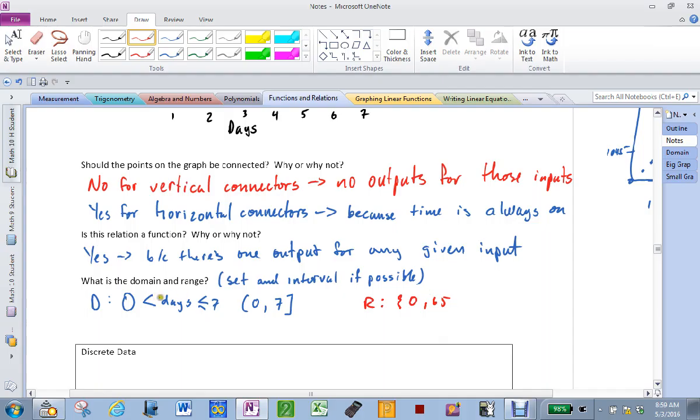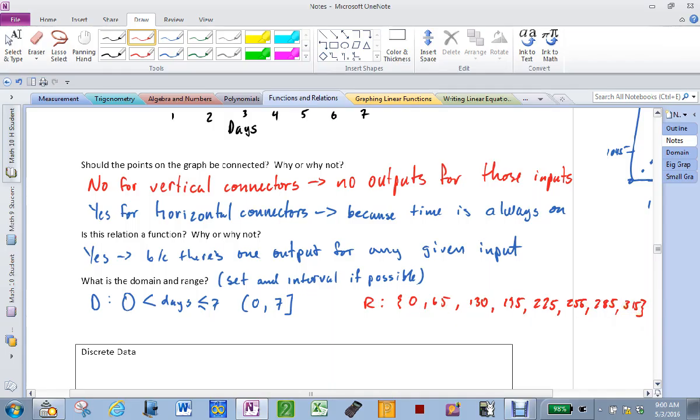So can we do a greater than less than situation? No, because I'm going to pay 0, or I'm going to pay 65, or I'm going to pay 130, or I'm going to pay 195, or I'm going to pay 225, or I'm going to pay 255, or I'm going to pay 285, and finally 315. Can I do a set there?